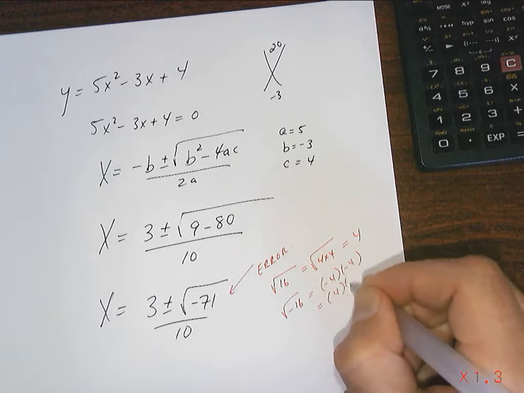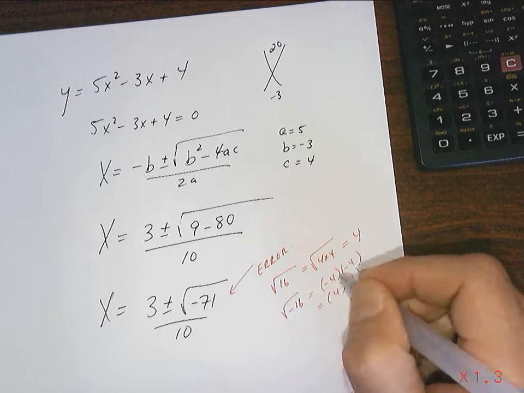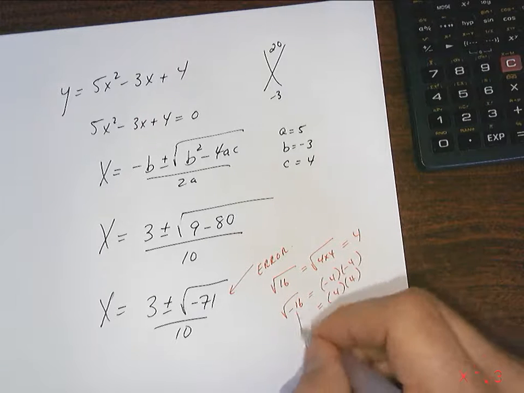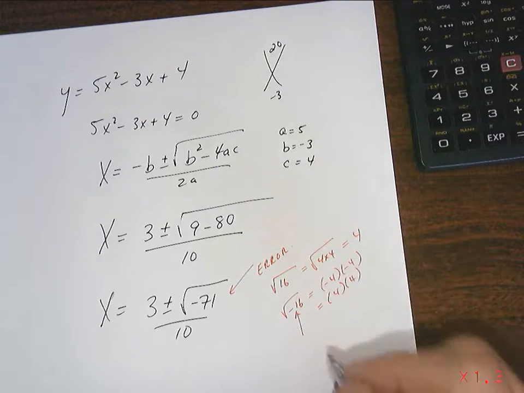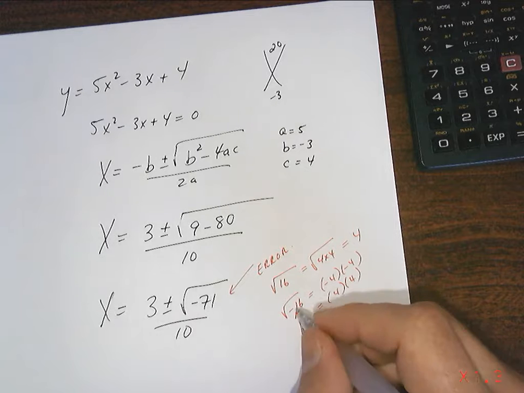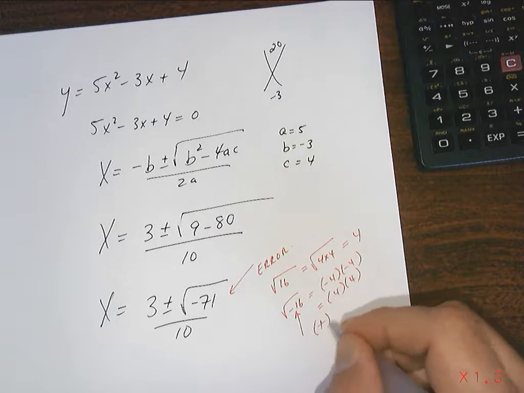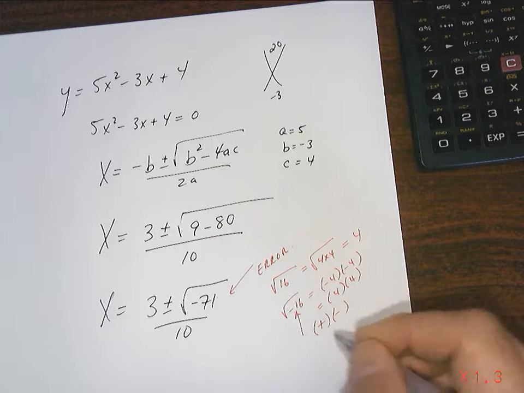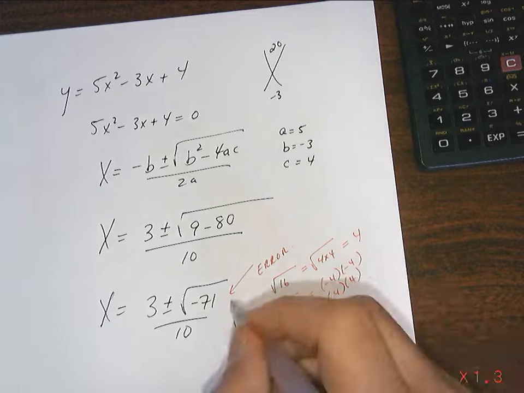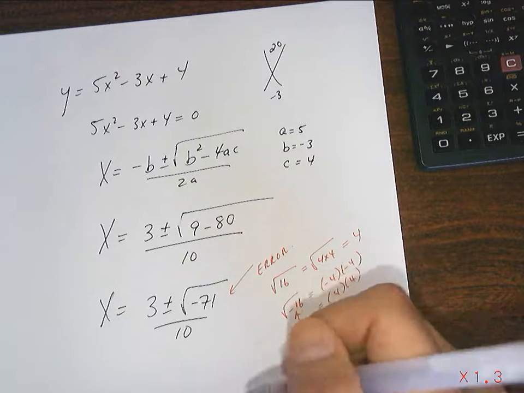And a positive 4 times a positive 4 gives me positive 16, which is not what I want. There's no way two numbers that are identical can multiply together to give me a negative. Because if the numbers are identical, then they're the same sign, and to get a negative, one has to be positive and the other has to be negative. So this is an error. There is no real number here.